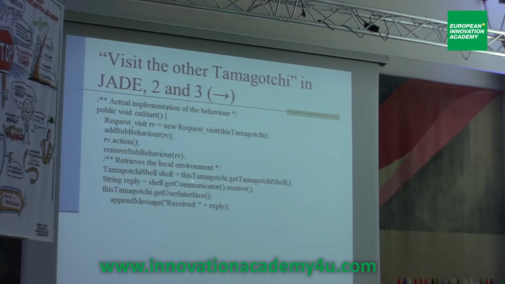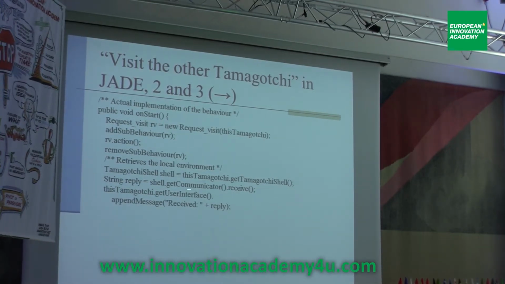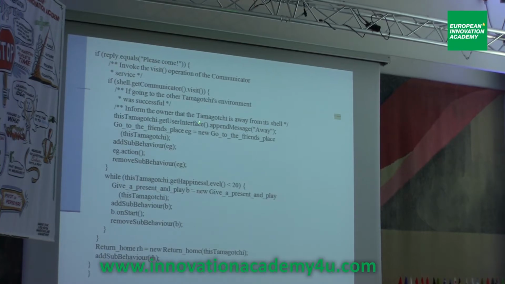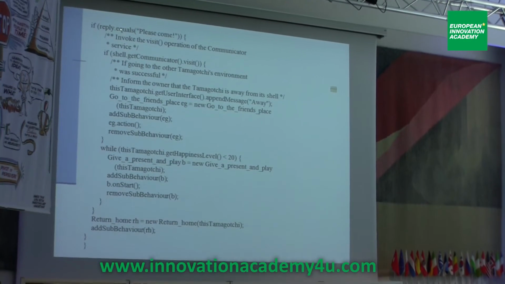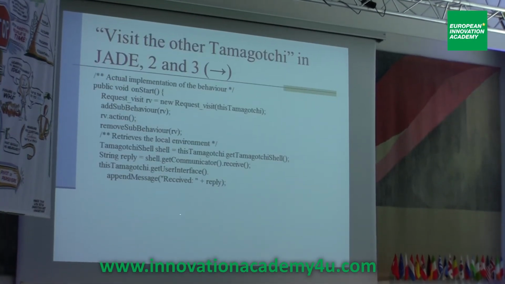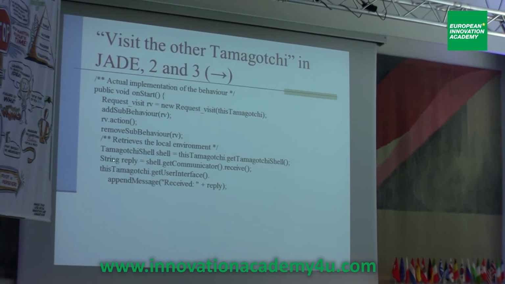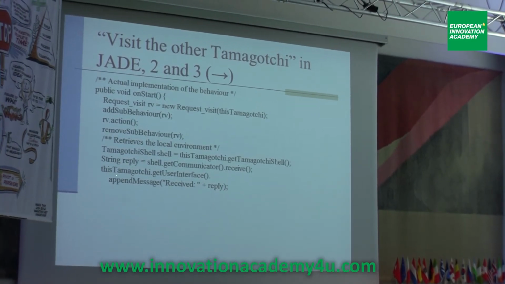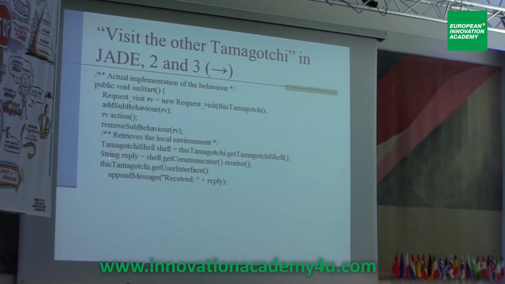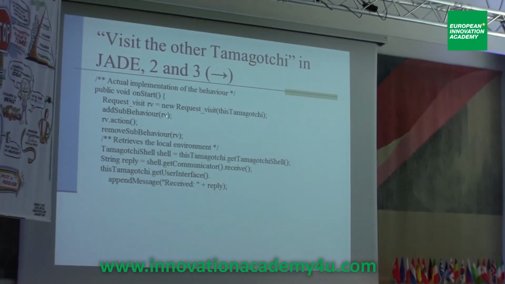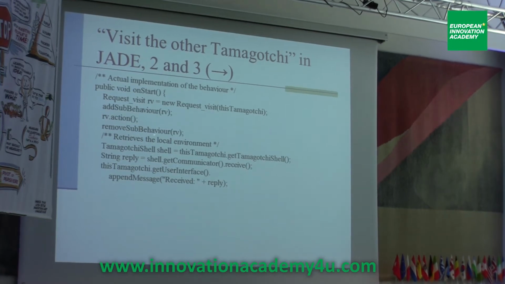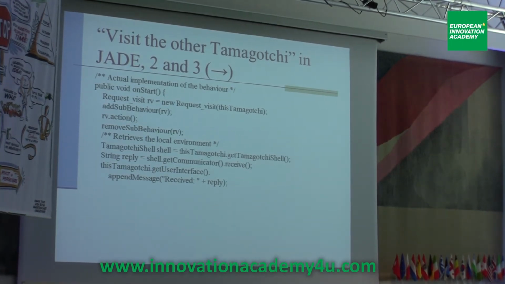And then the local environment is retrieved here because it is needed for a visit. And here you will see how the visit happens. If there is a reply from another agent, please come. Oh, I forgot, this sub-behavior here also includes sending a message to another agent with a request to come for a visit.